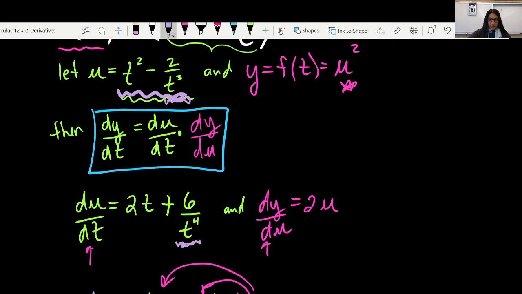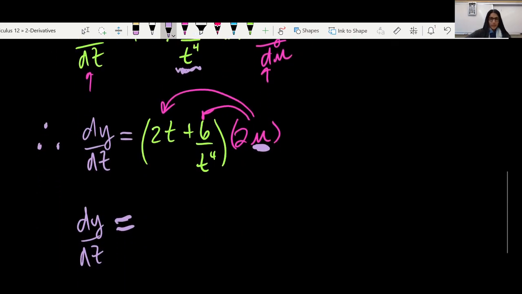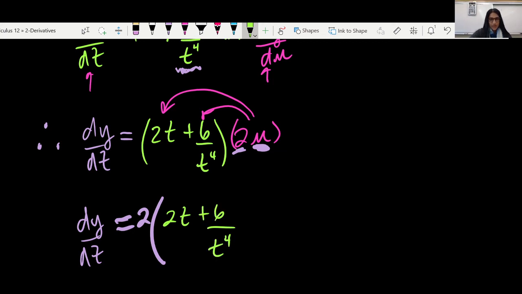So here, where I have my 2u, well, u is t squared minus 2 over t cubed. So when I go through all of this, I'm going to move this 2 to the front and just sort of shove it off to the side. And then I have this portion here that we had already talked about, 2t plus 6 over t to the 4. So that would be this part here.